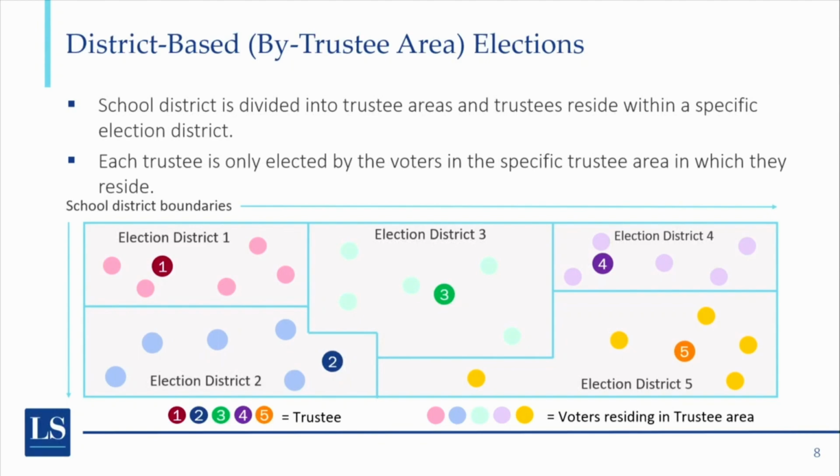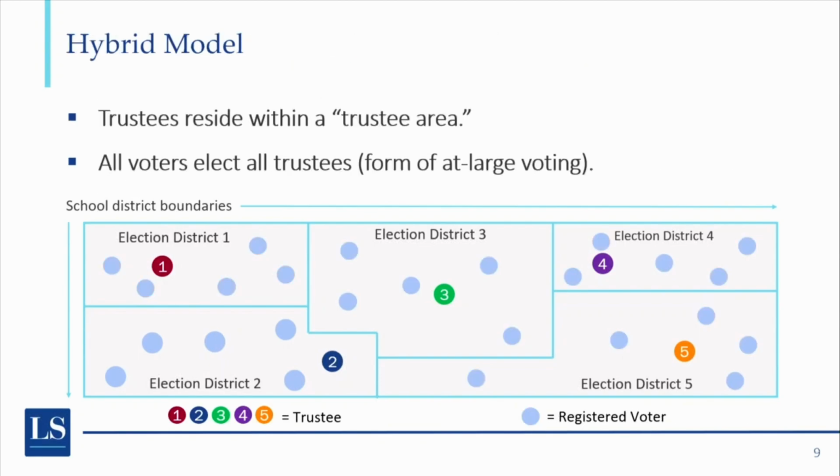In that system, you have to be a resident within a particular district, you only get to vote for candidates in your district, and the candidates also have to live in your district. In my example here, if you're a resident in election district 5, you can't vote for the candidates running in election district 1, right? Simple as it gets. Next slide.